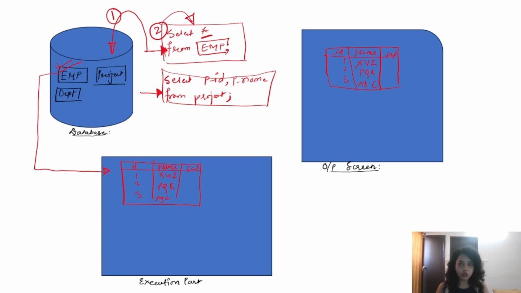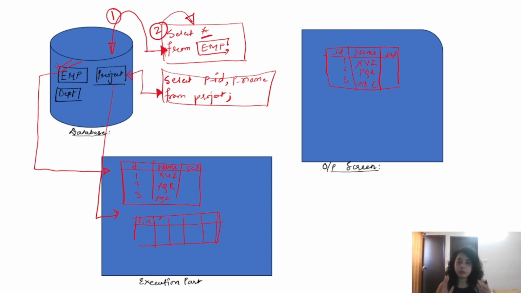It will go to the database and check, does this project table exist in the database? It will get an answer that yes, the project table does exist. Second, it will bring this project table completely. Maybe it will have 30 records, 40 records. It will bring all the columns here. So PID, PName, everything it may consist.